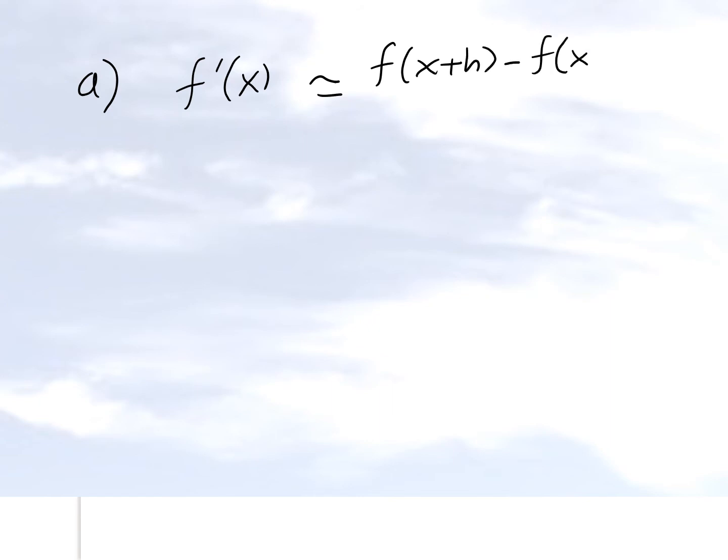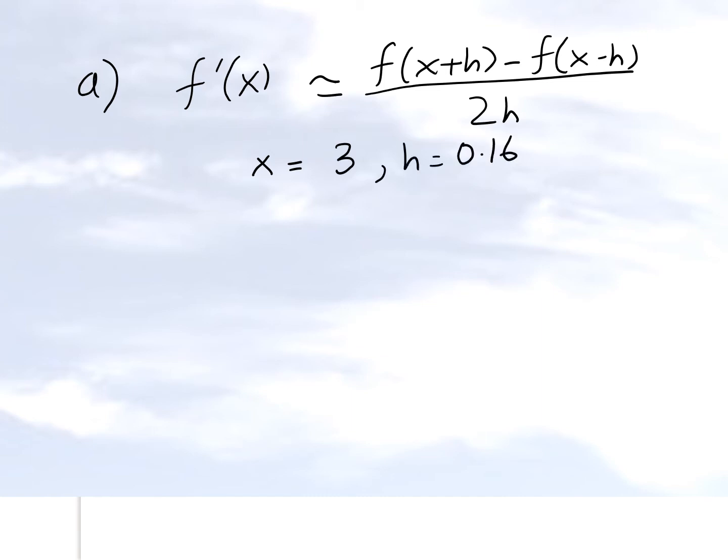So let's look at part A. Part A would be that we'll use this approximate formula, the central divided difference formula, to calculate the value of the derivative of the function here. And we know that the value of x is 3, and also the value of h is 0.16. So what does that give us for f prime of 3?